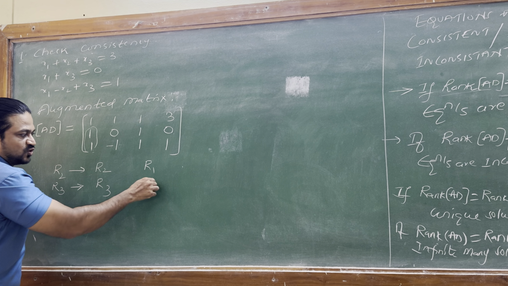Then this minus we are leaving for subtracting the values. Minus 2 R2. R2 is multiplied with minus 2. 0 plus 2, 0 plus 6. Got it or not? Now we will write this answer.